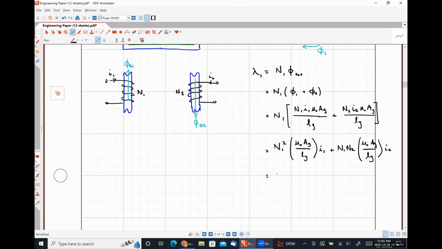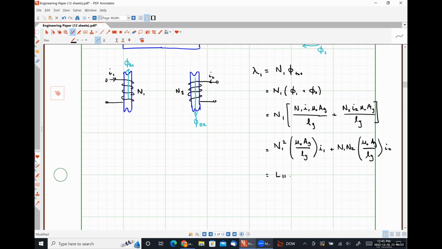So this is going to be L11 times I1 plus L21 times I2, where L11 is the self-inductance, because we're seeing how much flux is passing through coil 1 caused by current I1.